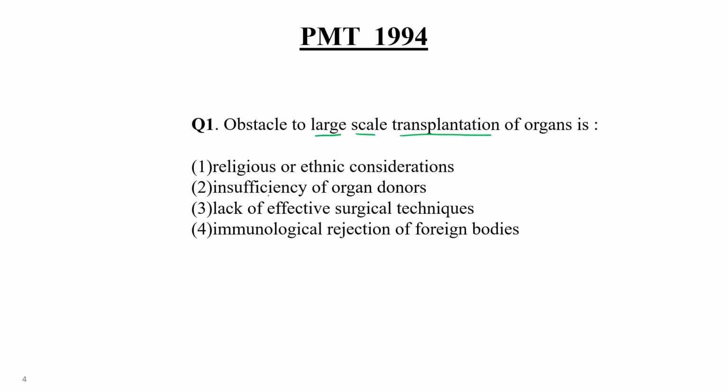Second choice, insufficiency of organ donors, or lack of effective surgical techniques, or immunological rejection of foreign bodies. Out of these four options, according to you, which one is the most important cause that acts as an obstacle for large scale transplantation of various organs?